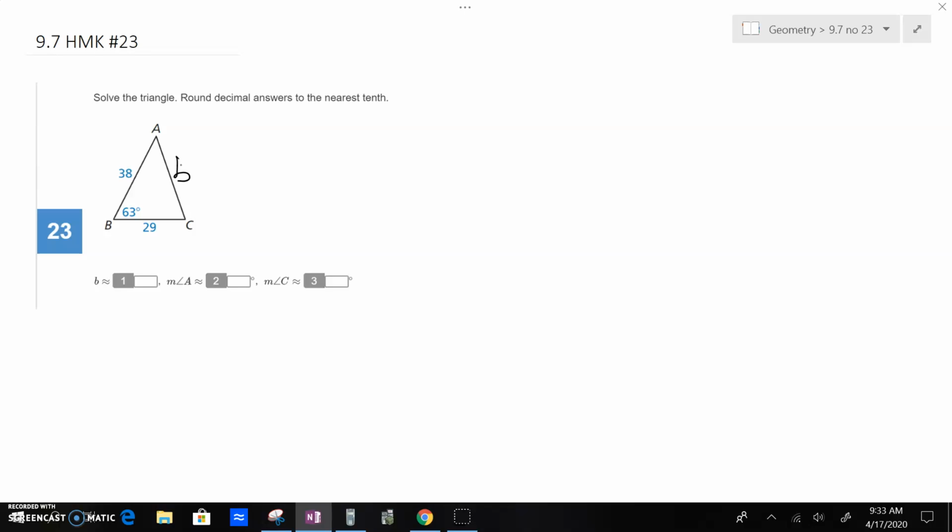And to find side B, because I don't have any other angles, we can't use law of sines. So we have to use law of cosines. The way law of cosines is going to work is we're going to do b squared, so that's the side I don't know, equals a squared plus c squared. Those can be written either 29 squared plus 38 squared or 38 squared plus 29 squared.